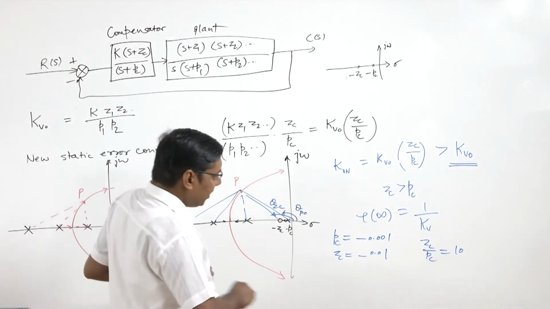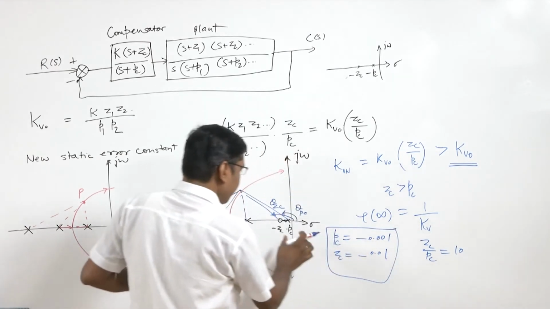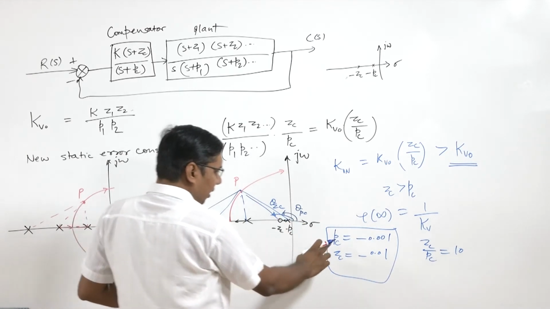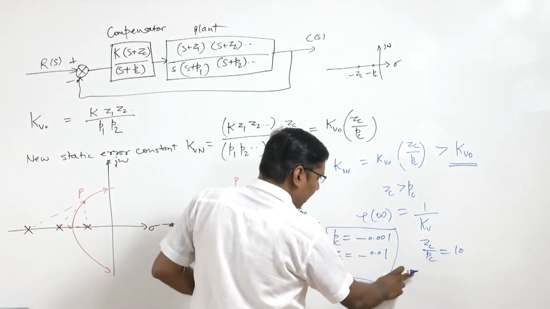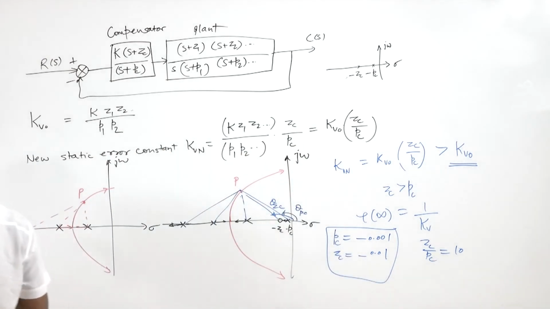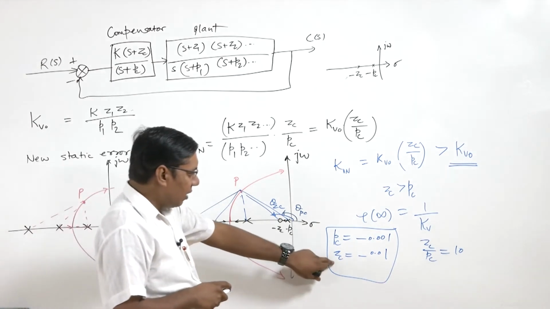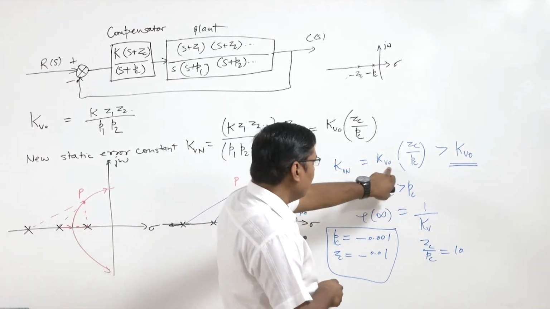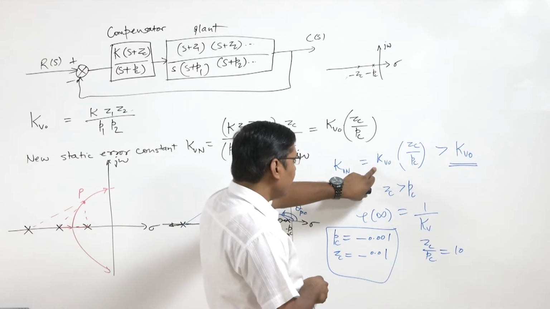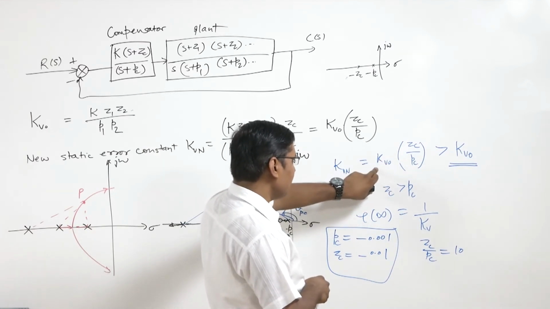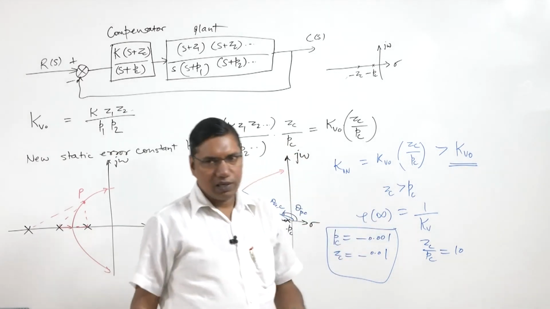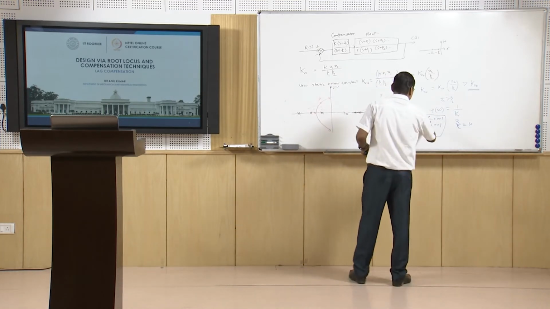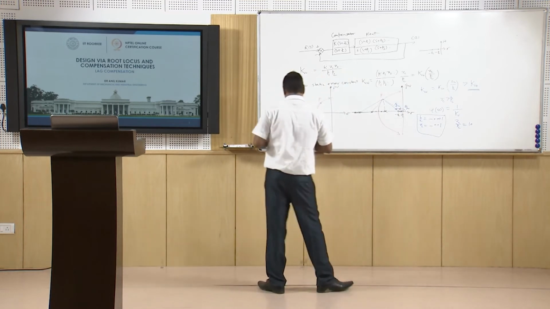So here we can see that these PC and ZC are very close to the origin, and however the zero is 10 times farther than the pole, and so we will get here KV 10 times the original uncompensated system's KV, and so we will get a 10 times reduction in the steady state error, and this will satisfy these angle conditions here.